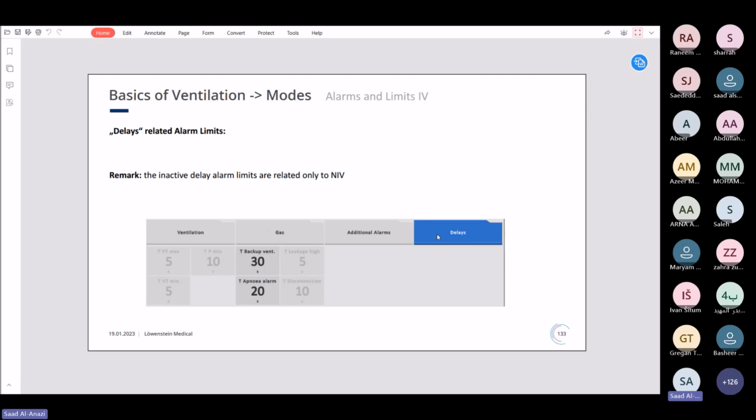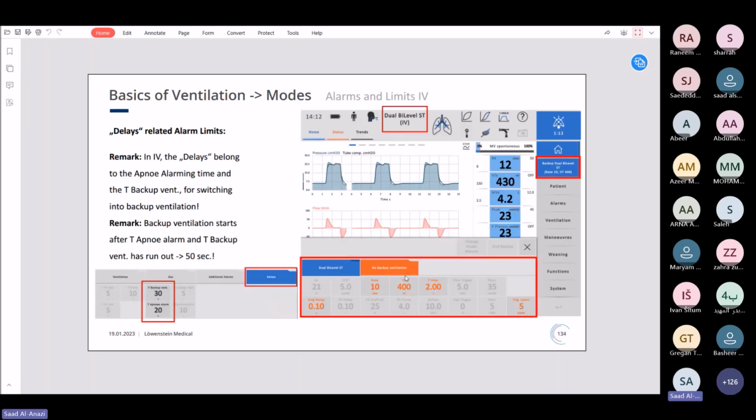As you know, if you select the delays alarm, that means you have the backup ventilation alarm. We have the apnea time for alarm. You can select it and activate it. So the backup ventilation, you can have it here on the right side. Just select the backup ventilation if the patient is in spontaneous mode.